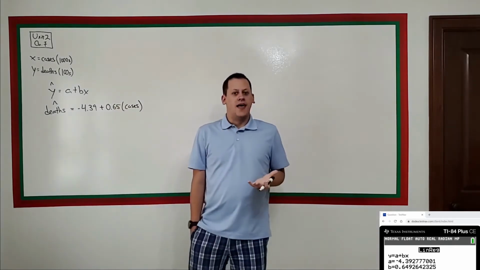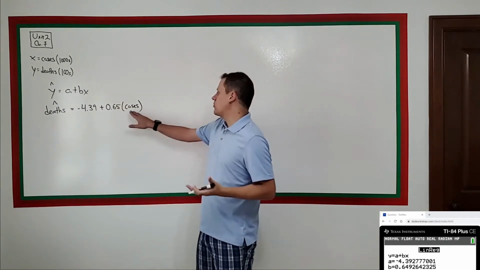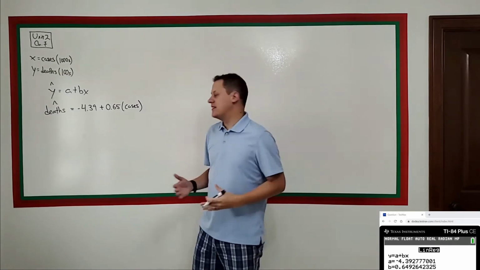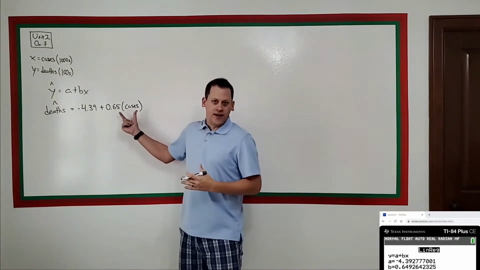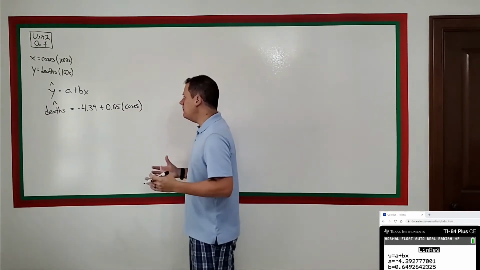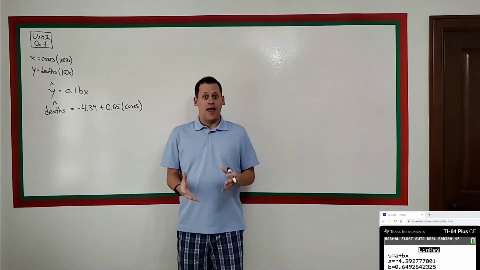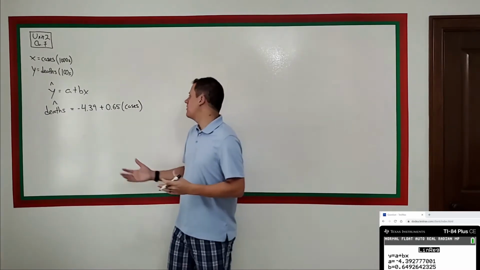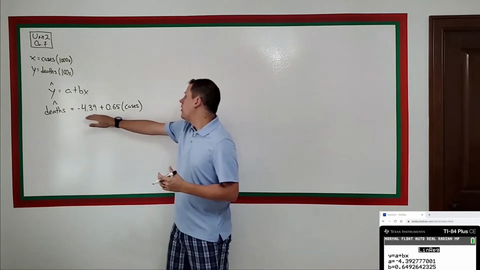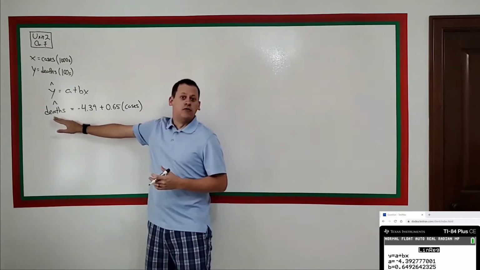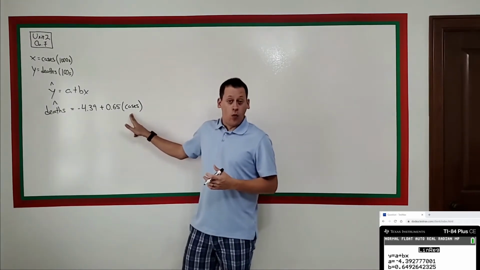And I usually put that independent or explanatory variable in parentheses just to highlight the fact that this is what the x variable is. So remember, anytime you write a regression equation, an estimated regression equation, you're filling in the actual variable names for x and y.